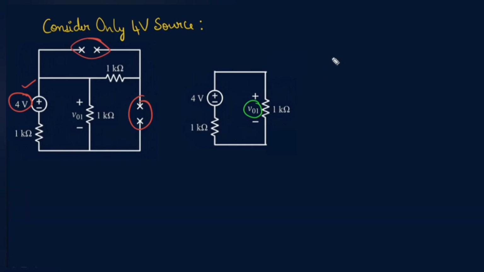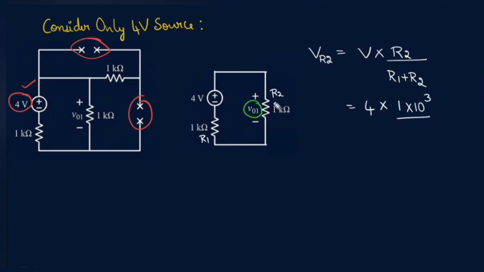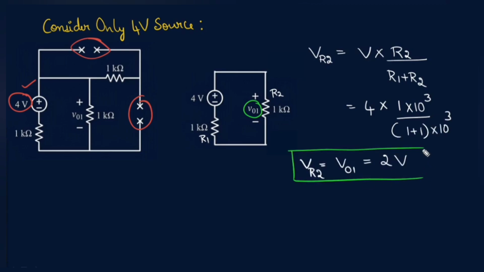As per the voltage divider rule, for two resistors R1 and R2 connected in series across a voltage V, the voltage across R2 is V into R2 divided by R1 plus R2. Therefore, V01 equals 4 volts into 1 kilo ohm divided by 1 kilo ohm plus 1 kilo ohm, which is nothing but 2 volts.